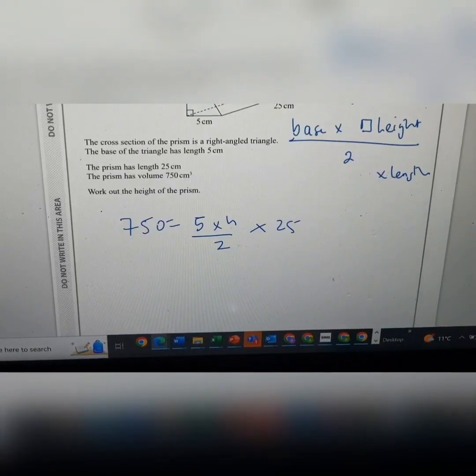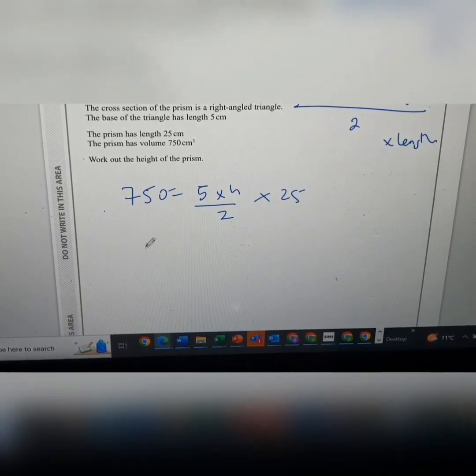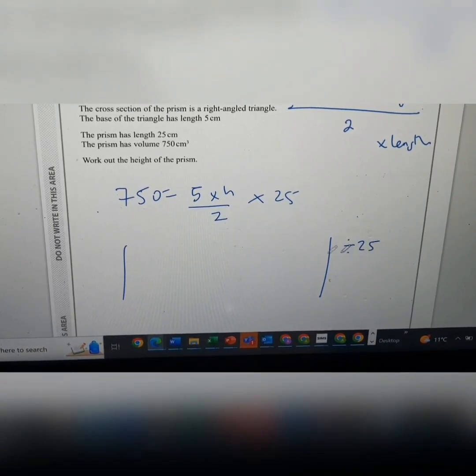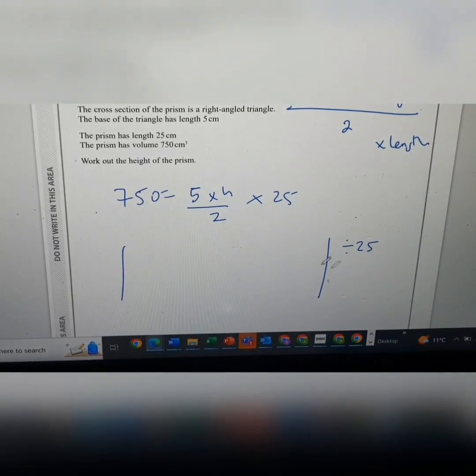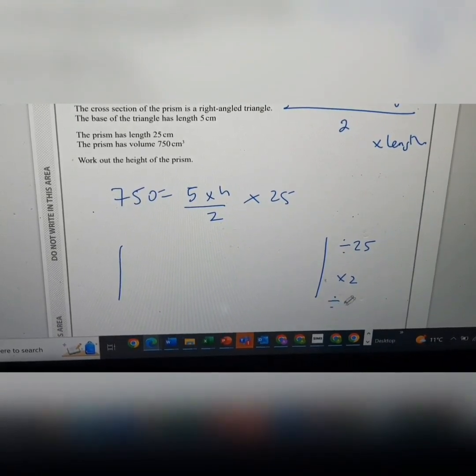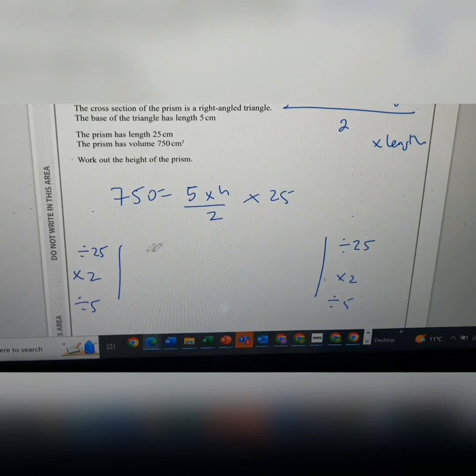So to work out the height, you need to start by dividing by 25, then multiply by 2, then divide by 5. So you're doing that to both sides. So 750 divided by 25.